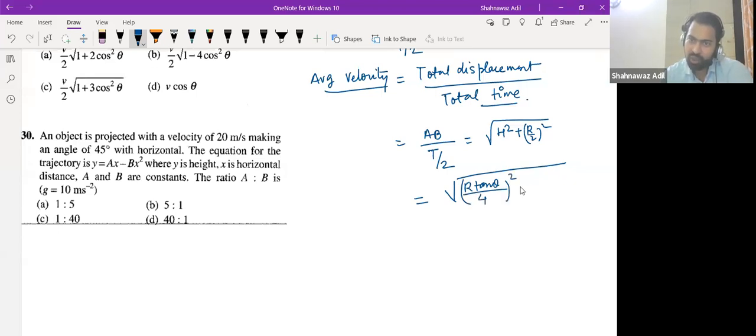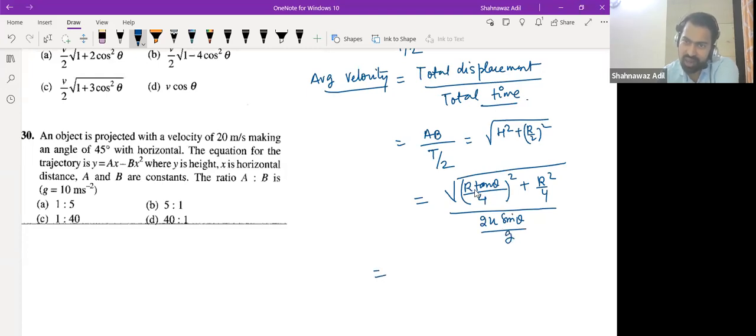And then this is squared plus r square by 4, right? Is this correct, everyone? Yes, sir. And then t by 2 is 2u sine theta by g.